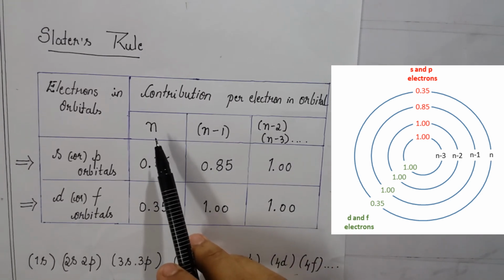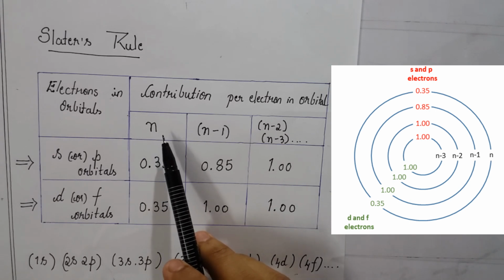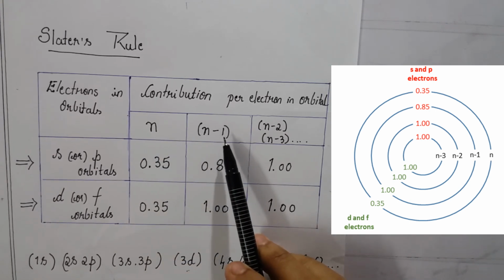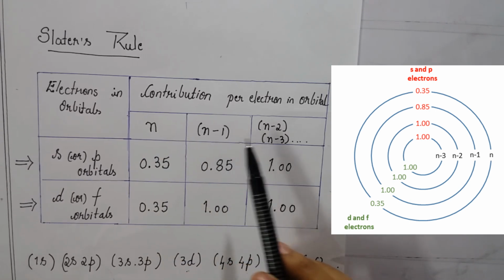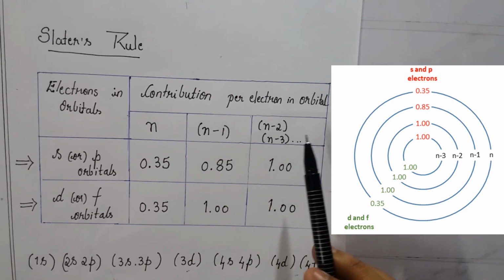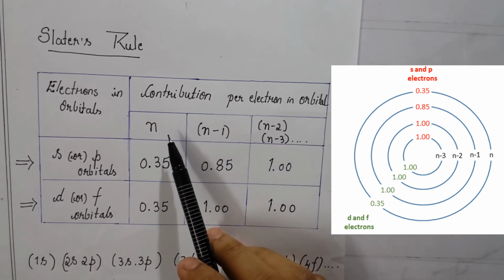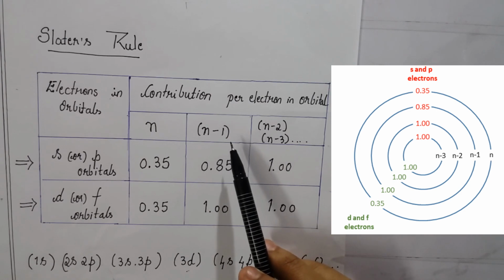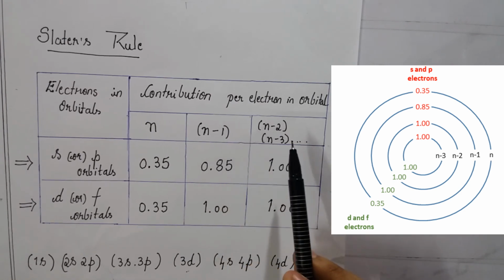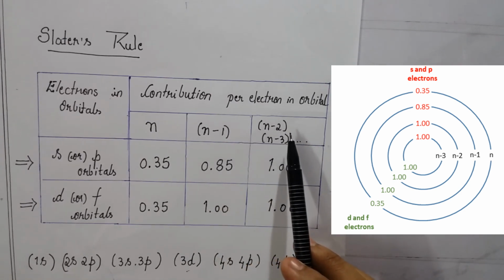N refers to the valence shell, that is the ultimate shell, n minus 1 refers to the penultimate shell, and n minus 2 refers to the anti-penultimate shell, the shell previous to the penultimate shell.